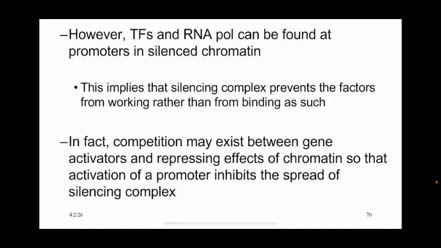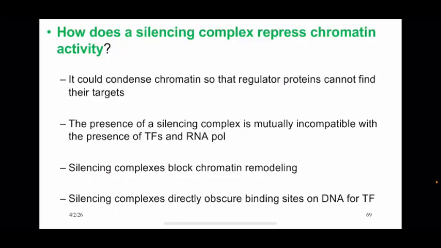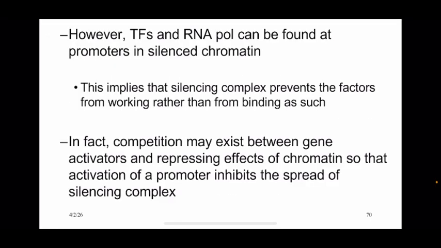My friend is saying, aside from that, the presence of transcription factors and polymerases at promoters of silenced genes or silenced chromatin implies that the silencing complex prevents the factors from working, rather than stopping them from coming in to bind to their promoter. So this point does not mean that if the silencing complex is available, the TFs cannot come in. Well, you can come in, but you cannot function, right? So that's how the silencing complex represses chromatin activity in that sense.